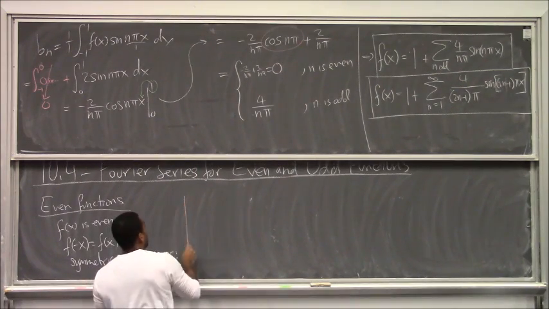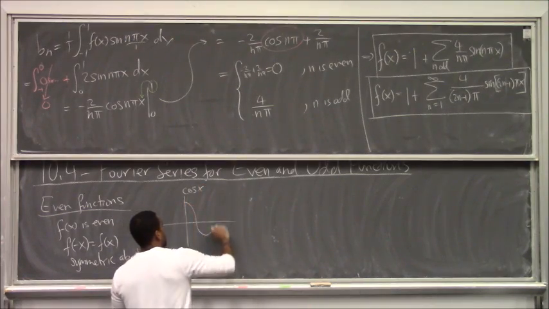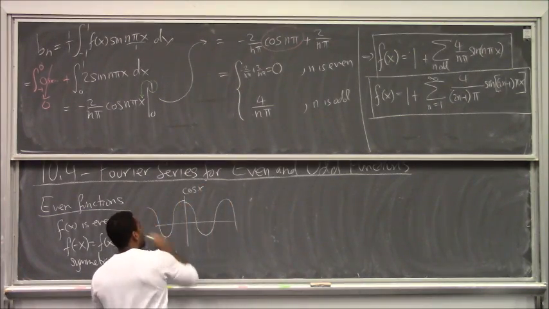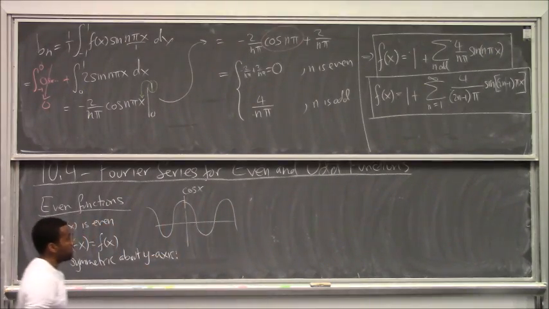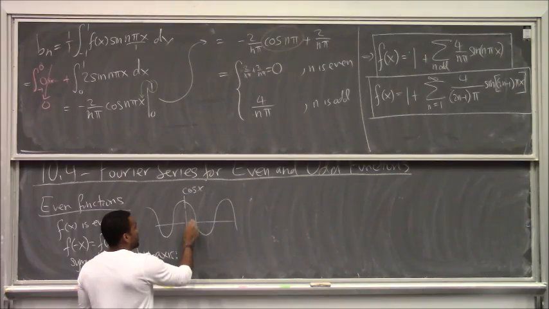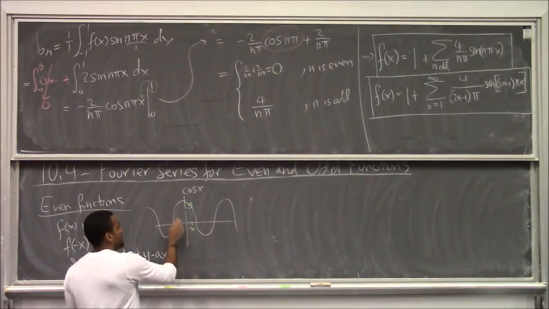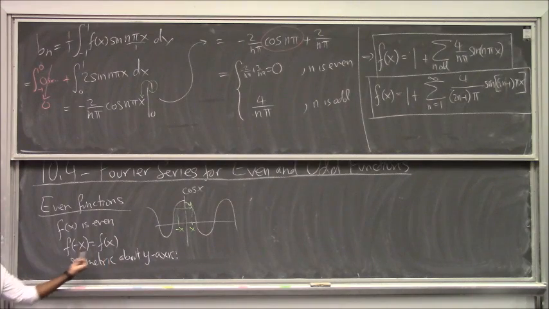So for example, cosine is an even function. Because if you look on the right side of the y-axis, if you flip it over and take the mirror image, you actually get the left side. It also tells you, if I put in an x here, and I get a certain y value, then the negative of that value will actually give me the same y value. Plug in the negative value, gives me the same as the positive value. So for example, a cosine is an even function. It is symmetric about the y-axis.